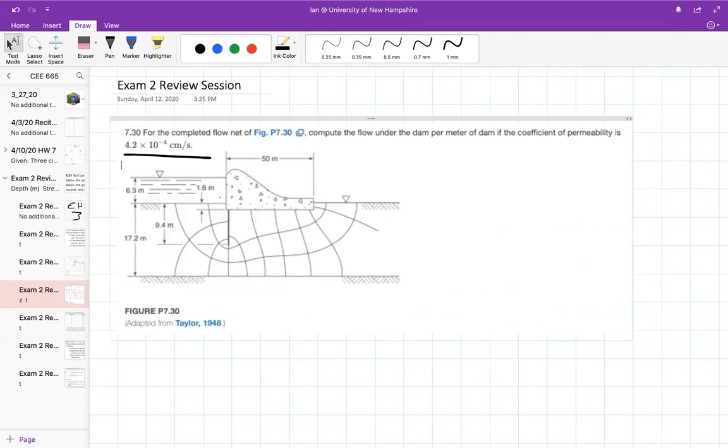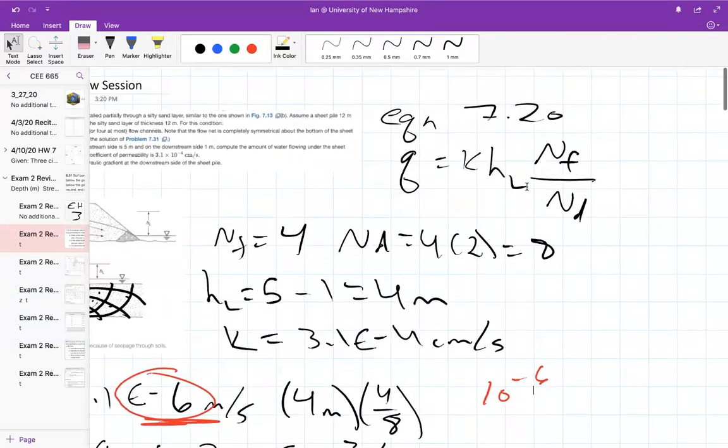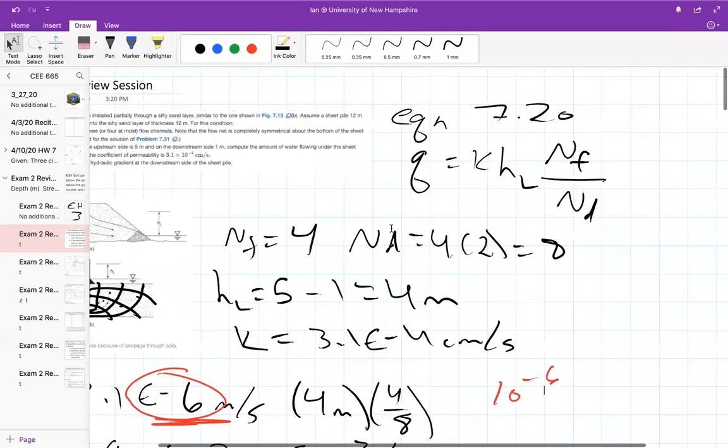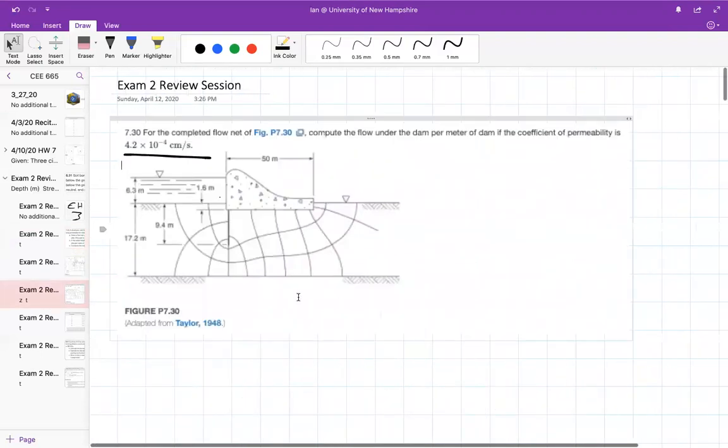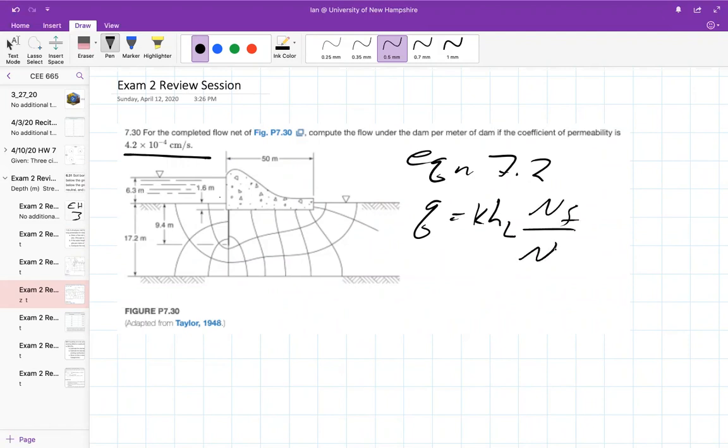This one's going to be just short. So remember this little nifty equation we used earlier? Well, we're going to do it again. We're going to use equation 7.2, where Q equals the coefficient of permeability times the head loss over NF and D.